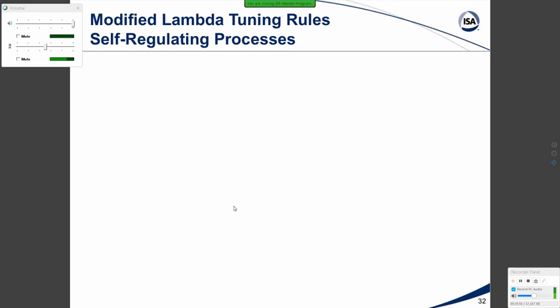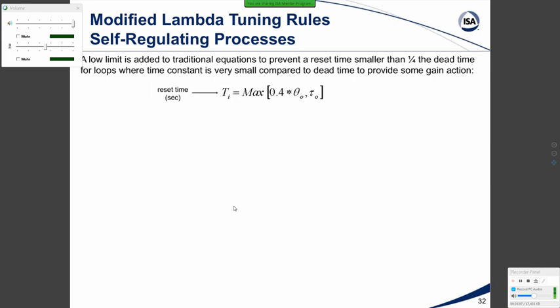Now we get into self-regulating processes, in pulp and paper and hydrocarbon processes and some polymer inline processes. These are important. One thing I've done to modify them is that normally the reset time is equal to the time constant, but as you get into dead time dominant processes where the time constant is very small, you end up with a very small reset time.